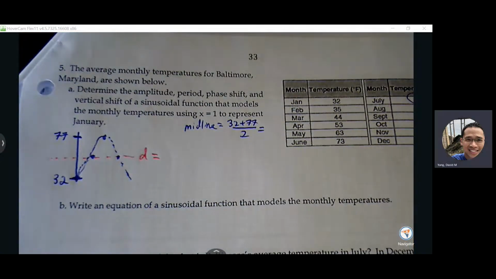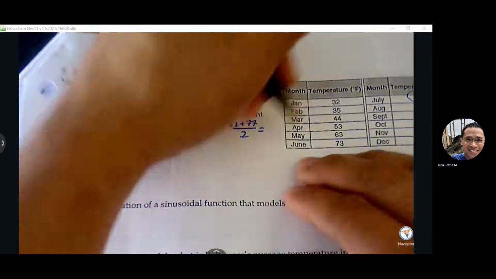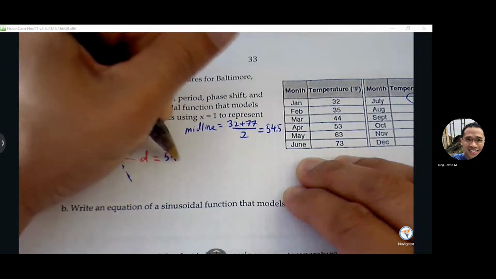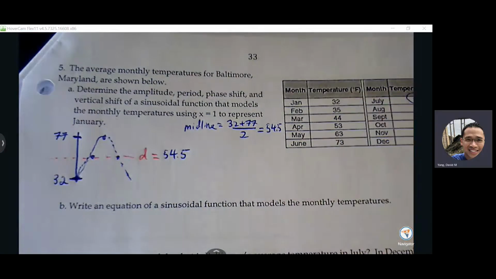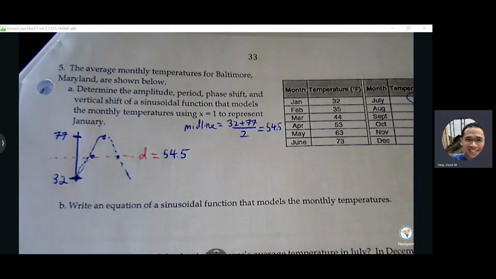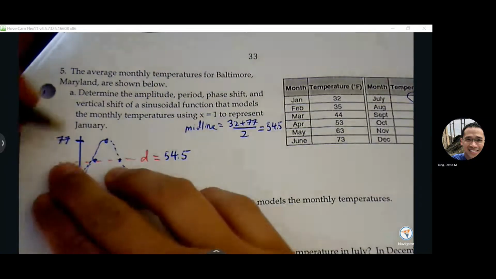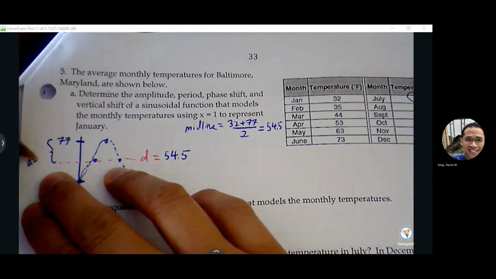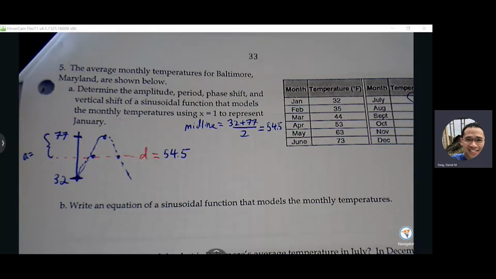What's our midline? Okay. From this, we can find our A value, right? Subtract max minus the midline. Okay. Yep, 22.5.